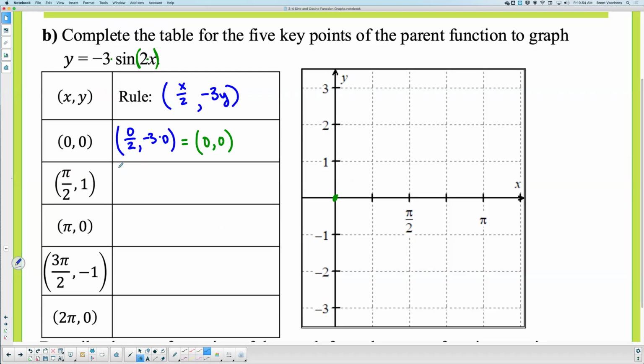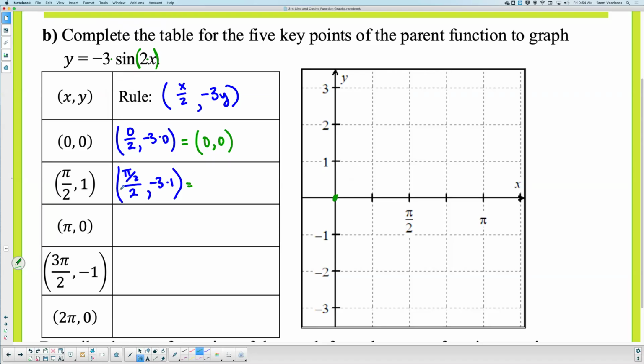We're going to take pi over 2, and pi over 2, I'm going to write pi over 2 this way, is going to get divided by 2. And then we're going to take negative 3 and multiply it times the 1. Okay, when pi gets divided by 2, then gets divided by 2 more, that's like getting divided by how much?